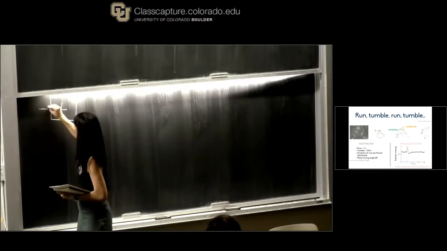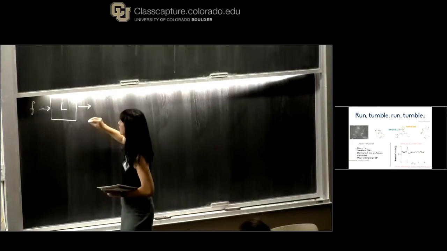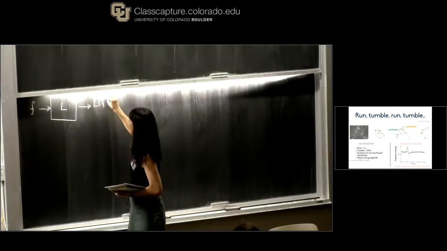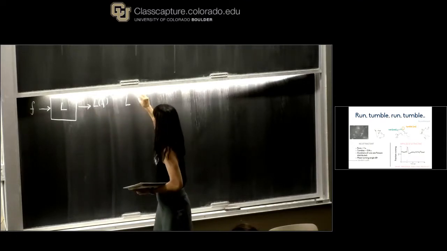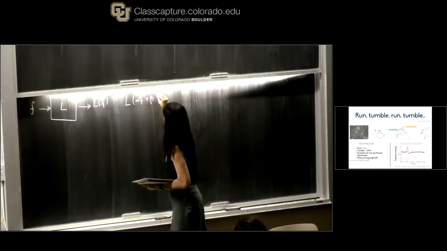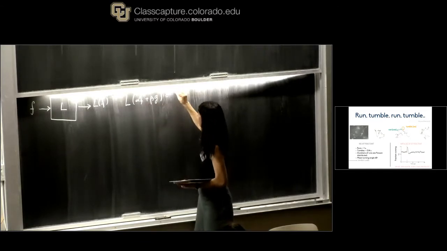It gets an input, F, and it spits out an output, L of F. This operator is linear. That means that if you ask what's the response for a linear combination, you'll get the linear combination of the responses.